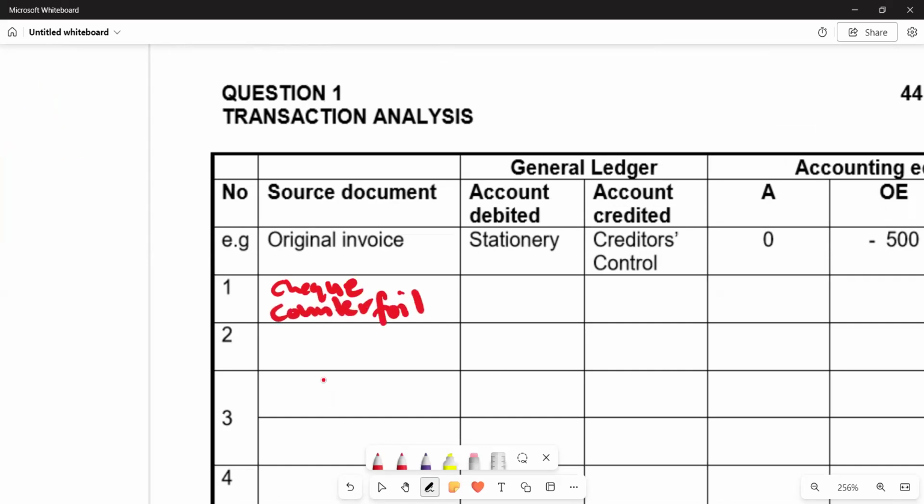This is going to be our source document. Then the account debited, as we have already identified, is wages. The account credited, I will say the bank.